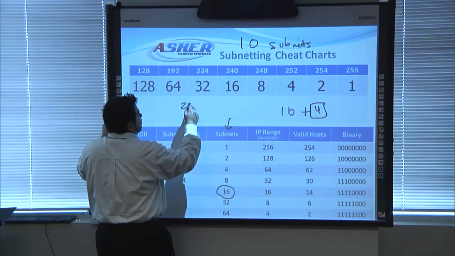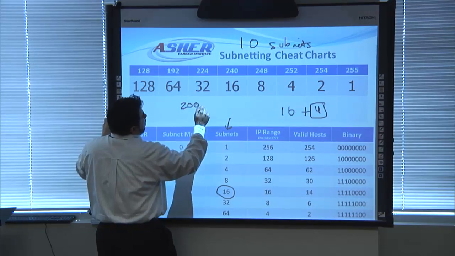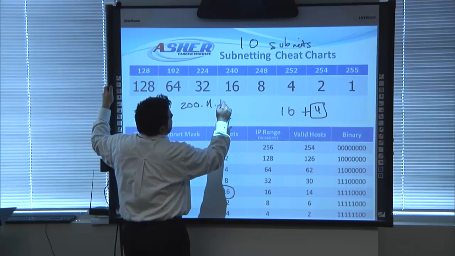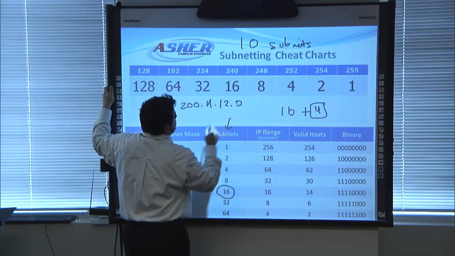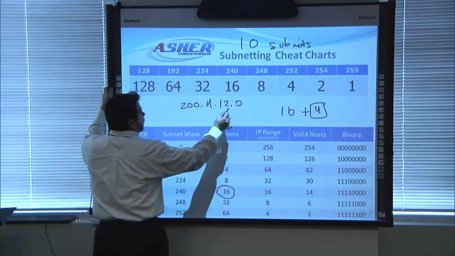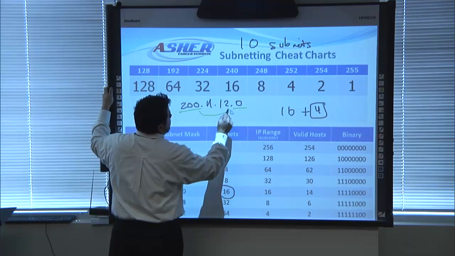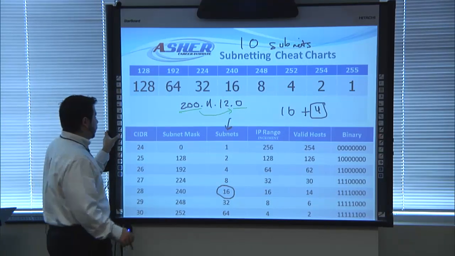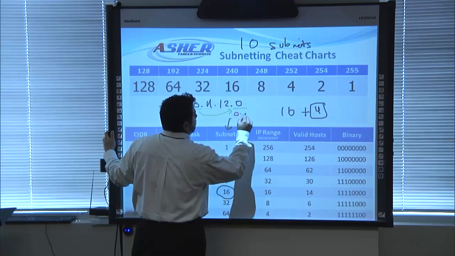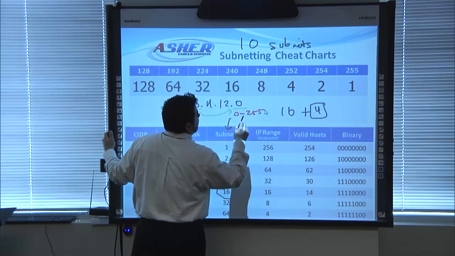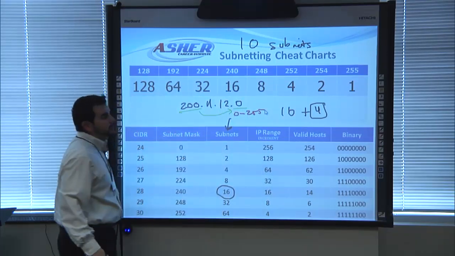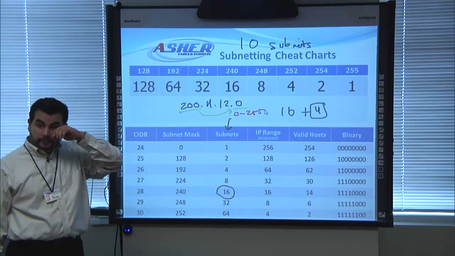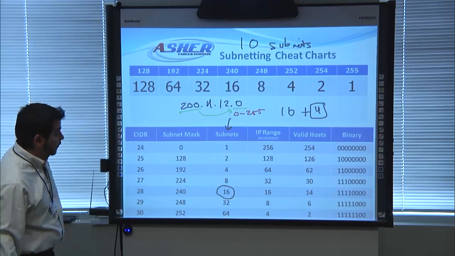I guess I could do 200.11.12.0. Okay? And that has to be a 0 because in a Class C address, this last one is the host. And I say, well, Bertha, we've got 0 through 255 to work with. How can I split those 0 to 255 into my 10 buildings? What would you say, Bertha?